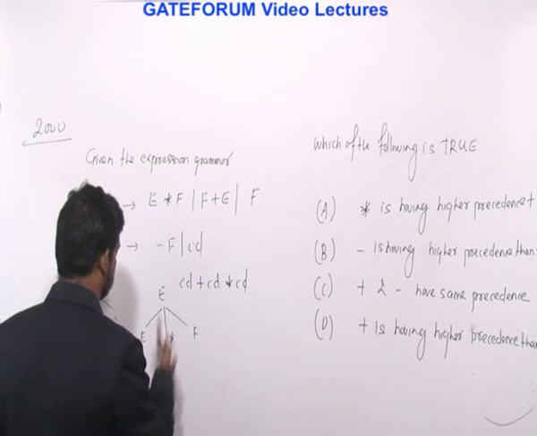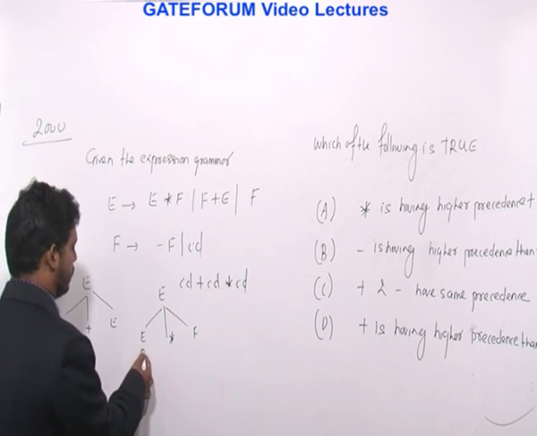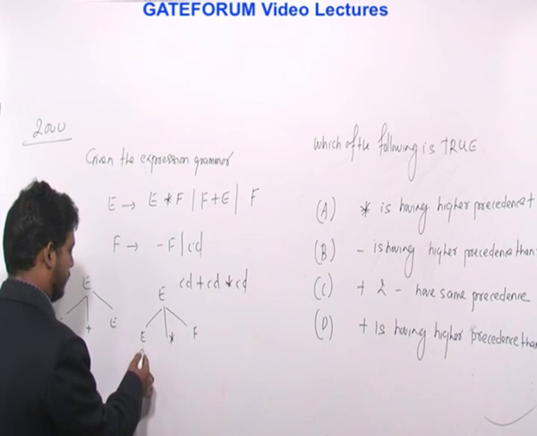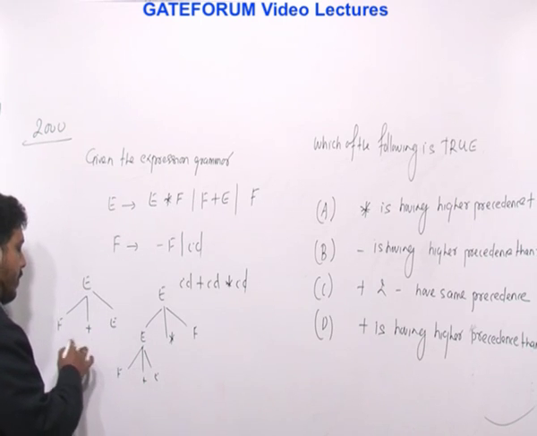Now it is my choice what I am introducing, and both are giving me flexibility. If I have done this, then I will expand this E, and I can introduce plus over here, so it will become F plus E. I have already done with plus.